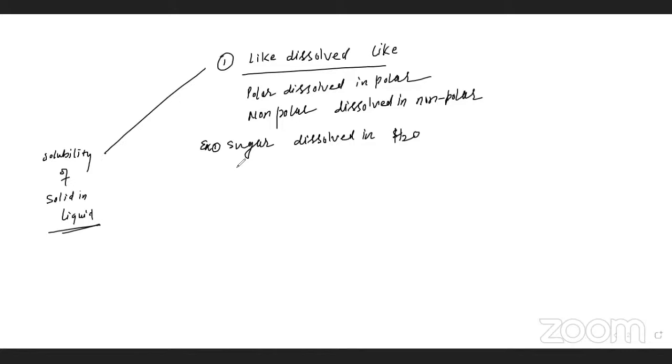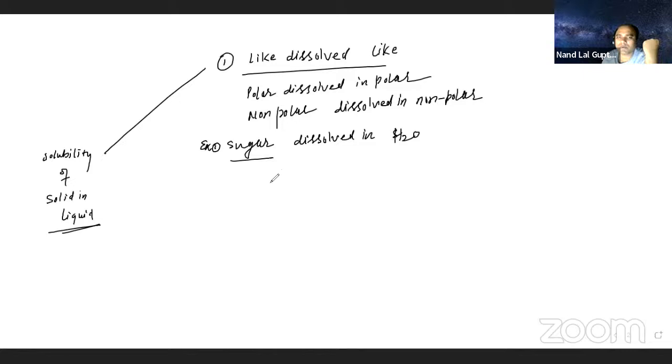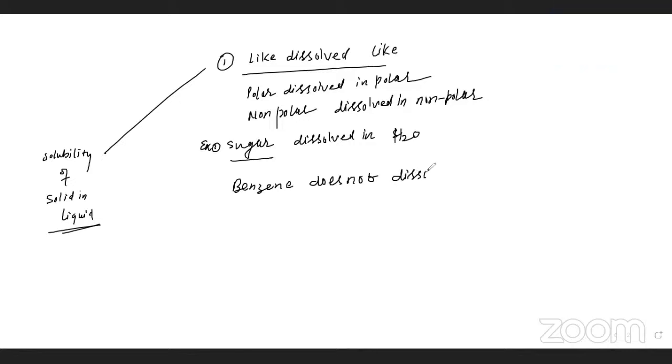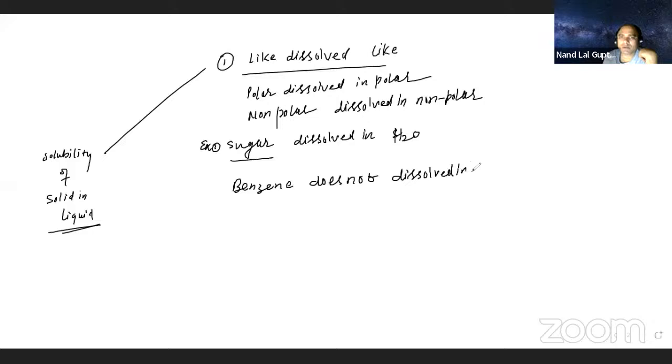Because sugar is a polar compound. Sugar is a polar compound. Okay. Benzene does not dissolve in water. Water is polar.